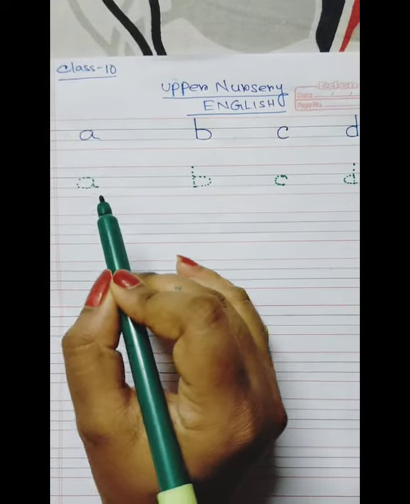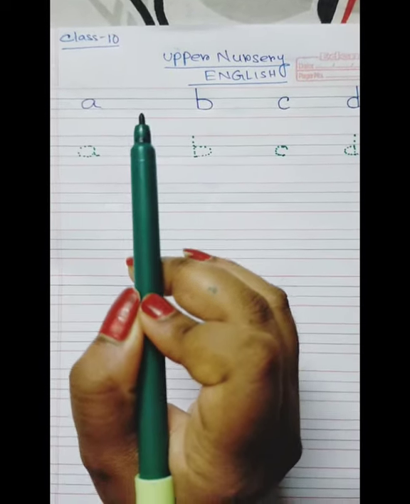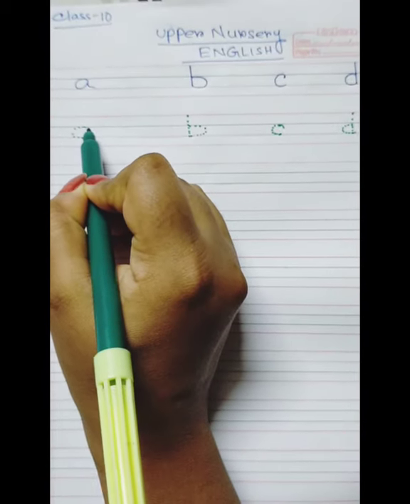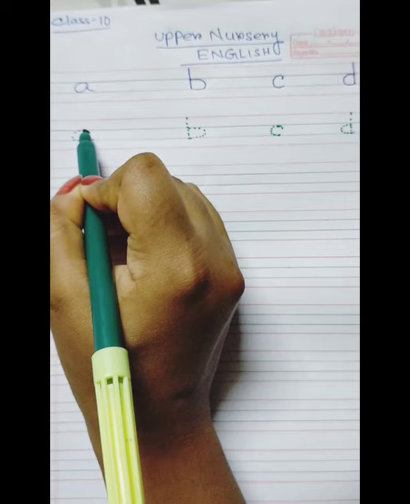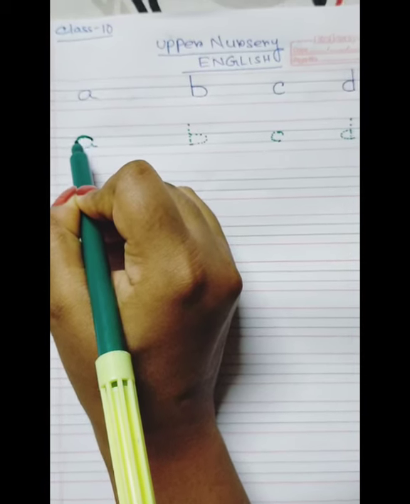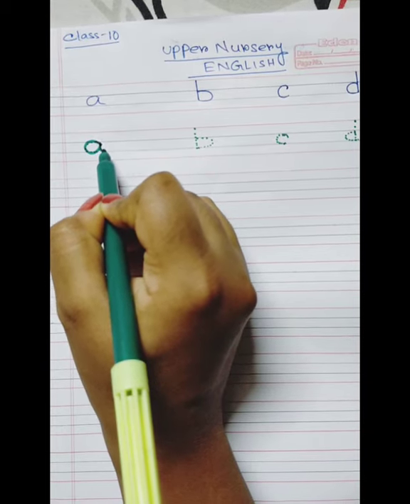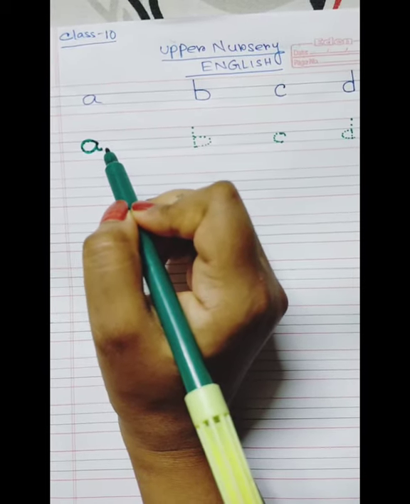Just observe me, children. Hold the pencil like this. Take a curve shape in anti-clockwise way. Then a small curve. See, I made A.